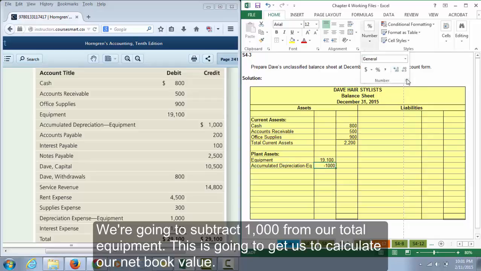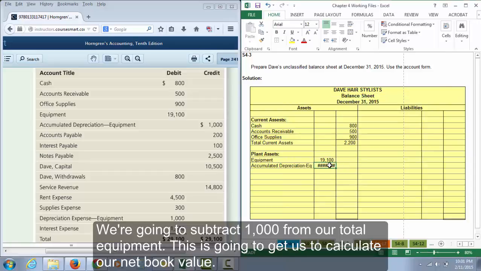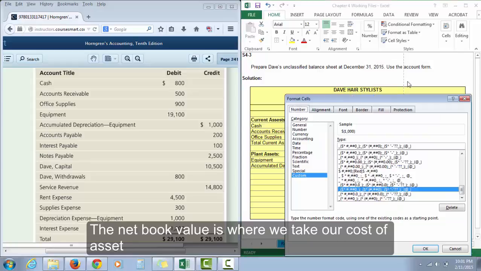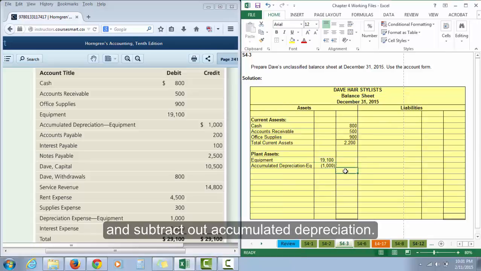And this is going to get us to calculate our net book value. The net book value is just where we take the cost of our asset and we subtract out the accumulated depreciation.